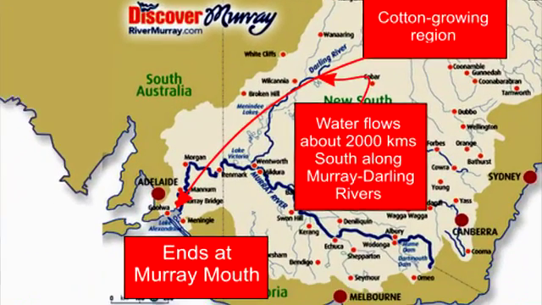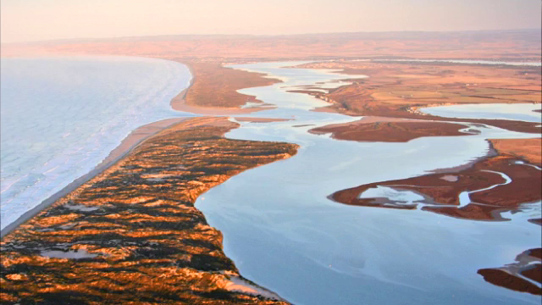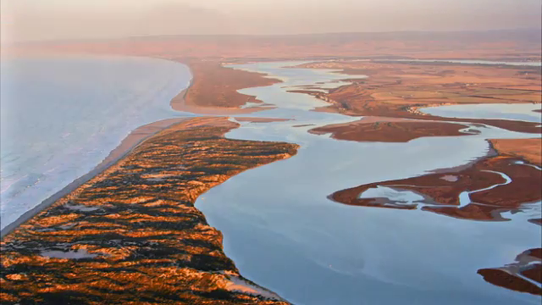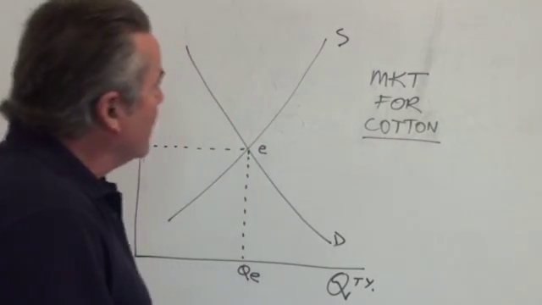By the time the river reaches its conclusion down at the Murray mouth south of Adelaide near Goolwa, and it's disgorging into Lake Alexandrina, it's lost a lot of its velocity, and of course the phosphates and fertilisers that have been used here to grow this product are dumped into the lake, and that creates massive algal blooms which actually clog up the river system and clog up the lake and kill the fish and create what you'd call a massive cost externality.